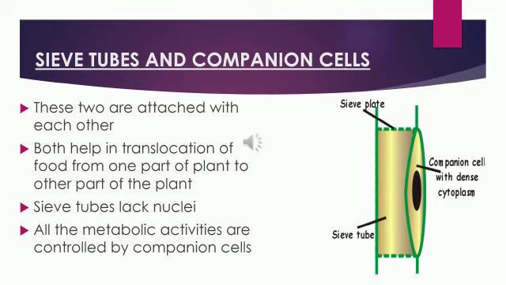Both help in translocation of food from one part of the plant to another part of the plant. Sieve tubes lack nuclei. You can see it in the picture. Sieve tubes don't have nuclei. All the metabolic activities are controlled by companion cells. These two work together.